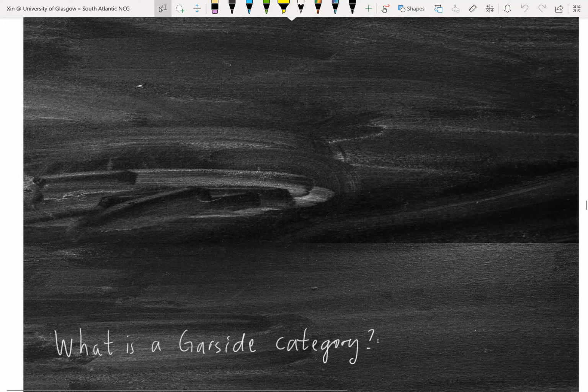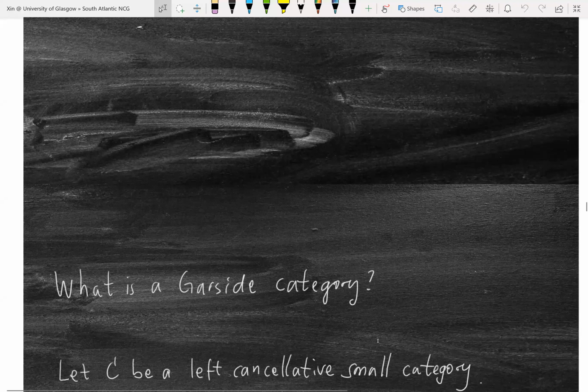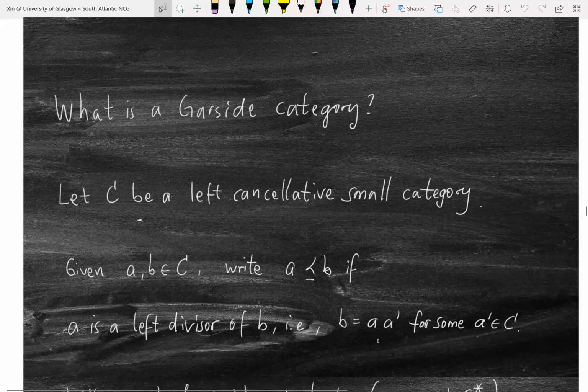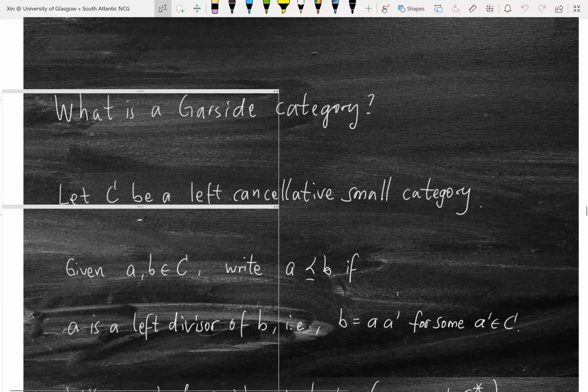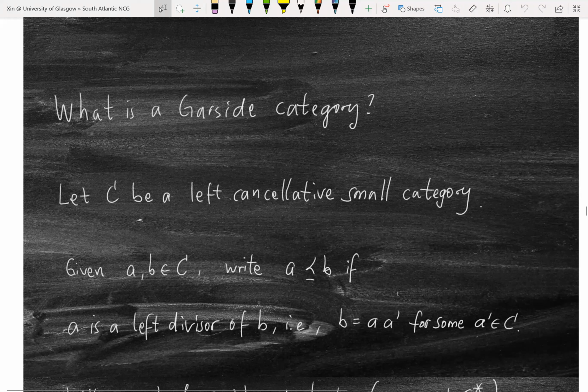For the definition, we need a bit of preparation. First of all, we start off with a left cancellative small category. And then we look at this divisibility relation. We say A is a left divisor of B if B can be written as A times another element in the category.